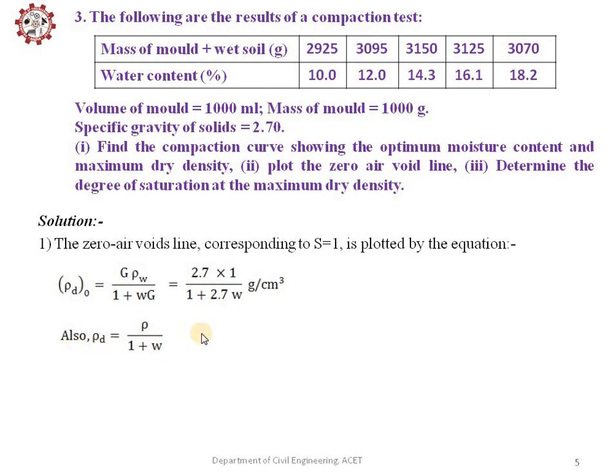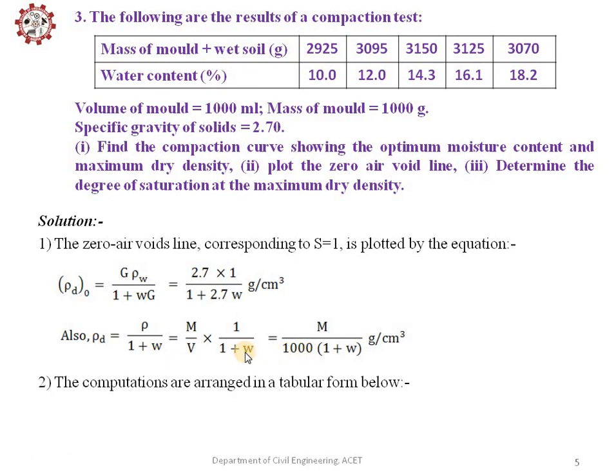We also know that gamma D equals rho upon 1 plus W. Rho is m upon v, which we have calculated, into 1 upon 1 plus W. So that will give you m upon 1000 into 1 plus W gram per centimeter cube, as the volume is 1000 ml. Then the computations are arranged in tabular form.